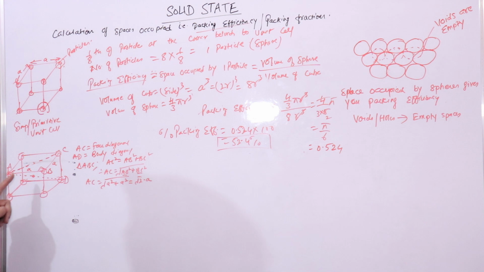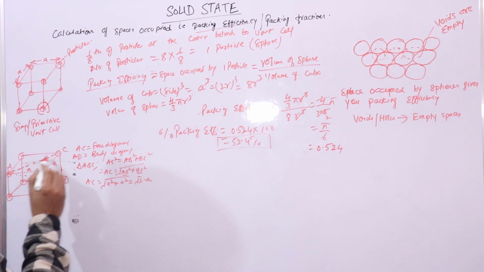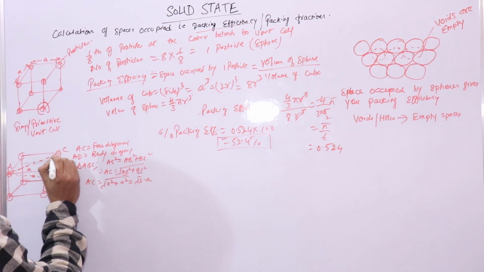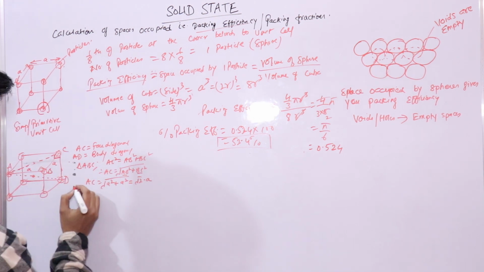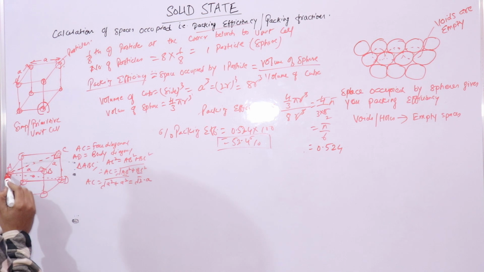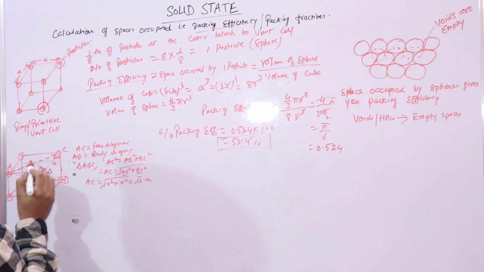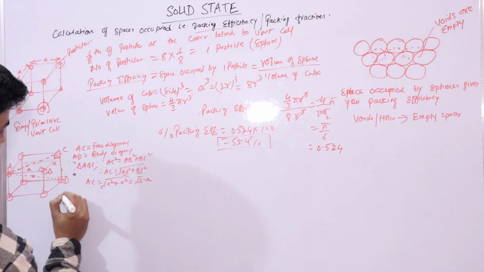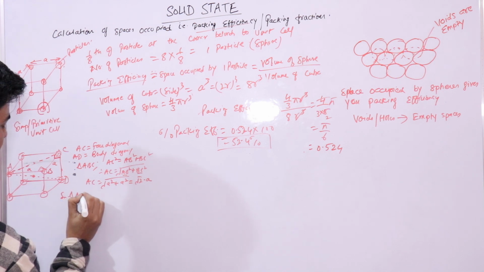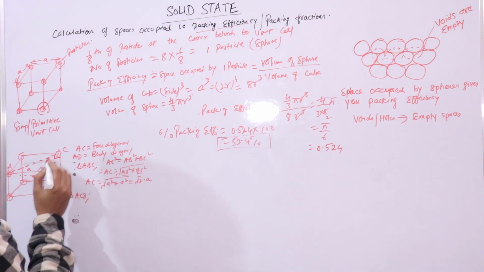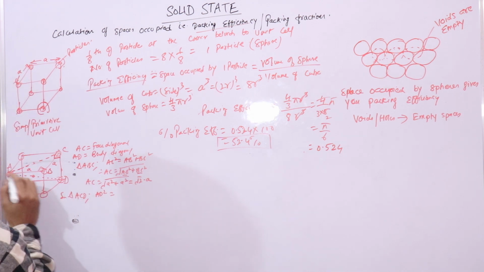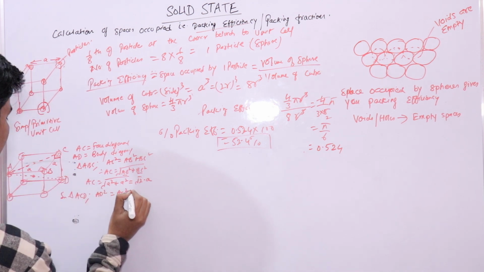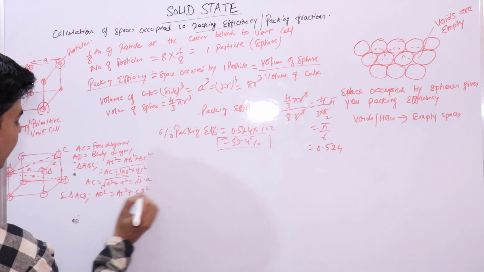And to find the value of this body diagonal, we will consider this bigger triangle, and we will consider this at right angle. So applying Pythagoras in this triangle ACD, we have AD square is equal to AC square plus CD square.